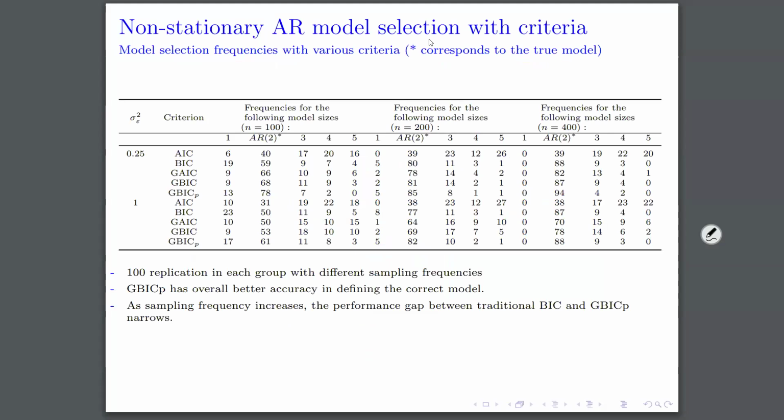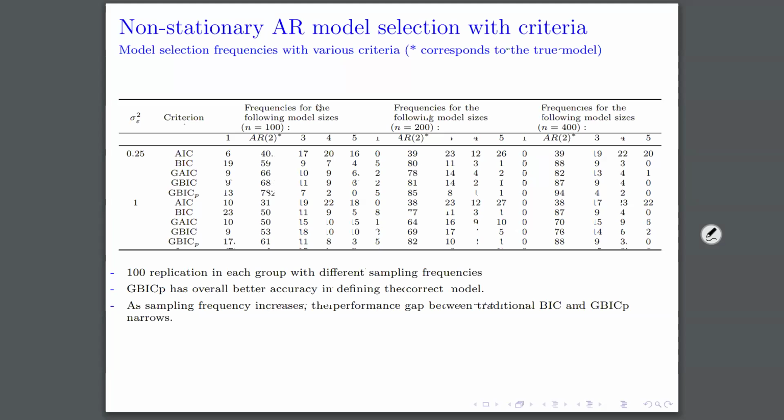And we do 100 replications and try to see how the model selection criteria perform for this non-stationary time series. And we found out that the general IBIC with prior actually outperforms every other model selection criterion in this setting.